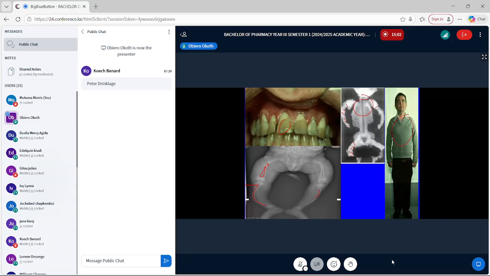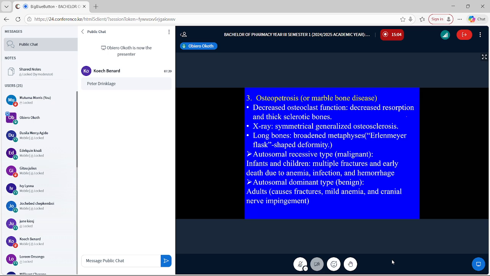So the severity also matters. The next disorder. Here now, the osteoblast has been left to just lay down bone. So the osteoblast lays down bone excessively, without the osteoclast actually modeling it.